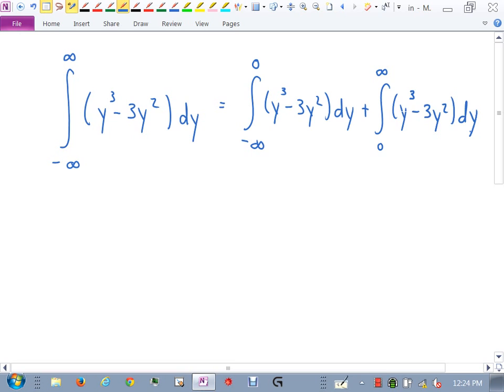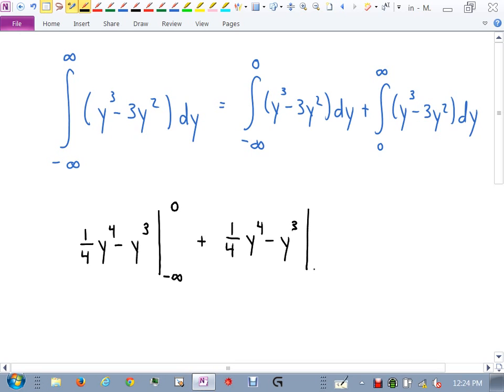Okay, let's take some antiderivatives. What's the antiderivative of y cubed minus 3y squared? 1/4 y to the 4th minus y cubed. I'm going to evaluate that from negative infinity up to 0. Then I'm going to do the same exact antiderivative evaluated from 0 to infinity.